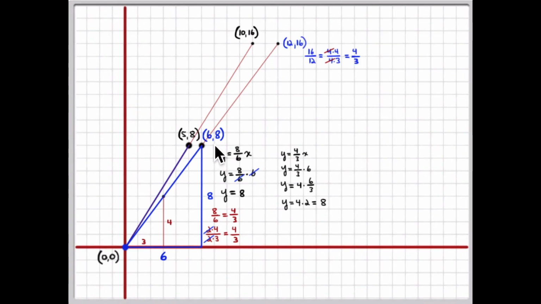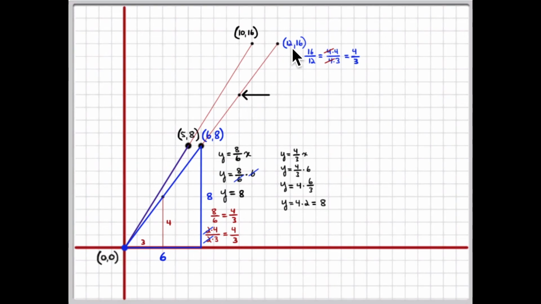So if you double each of these, you're going to get to 12/16. 16/12. Or the point is 12/16. So 16/12 is the same as 4/3. And it's also the same as 8/6. 3/4 of 12 is 9. 3/4 of 16 is 12.